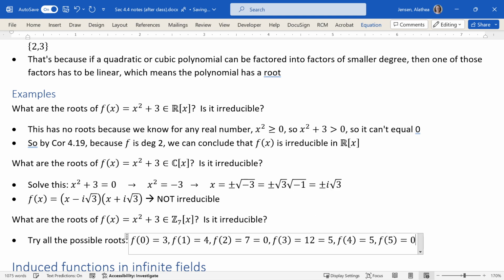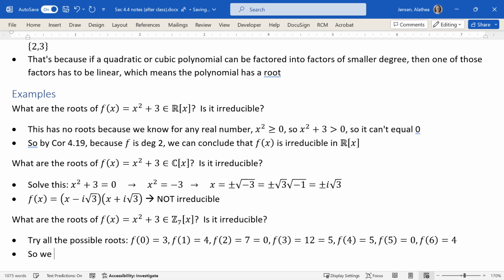Oh, I think I found the other one. I don't think there can be any more because that's already going to give us x minus 2 and x minus 5. But we could just go ahead and try the last one anyway. So 36 plus 3, 39, mod 7 is 4.